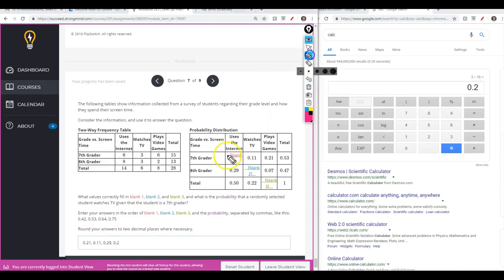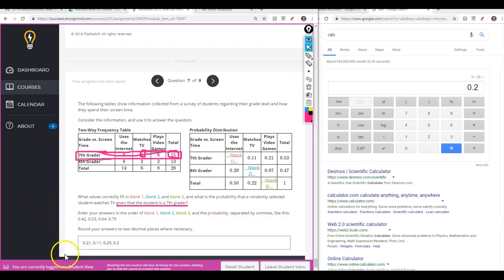And again, remember, when it says given that a student is a 7th grader, we automatically just narrow that total down to the total number of 7th graders. Sorry, that line was not straight. So the total now is out of 15, and then they wanted to know the student watching TV. Well, there was 3 out of those 15. So then we took 3 and divided it by 15 to end up with 0.2.